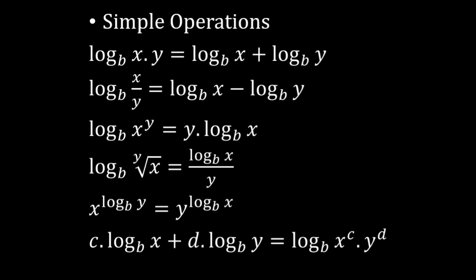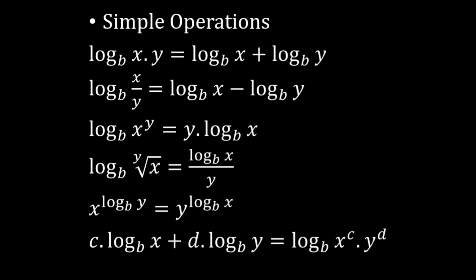Simple operations. Logarithm of x times y to the base b equals logarithm of x to the base b plus logarithm of y to the base b. Logarithm of x over y to the base b equals logarithm of x to the base b minus logarithm of y to the base b.